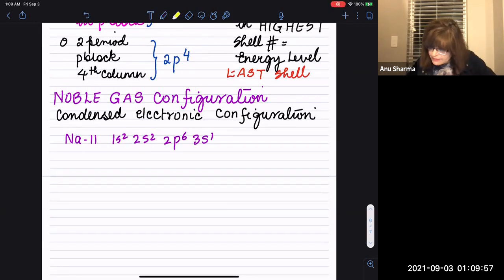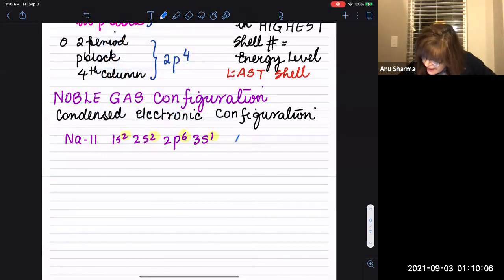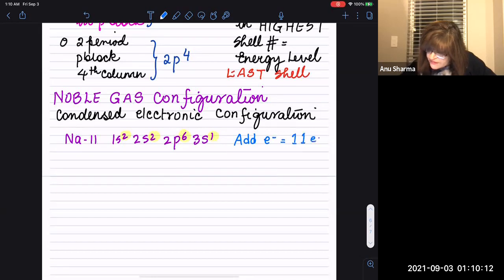When you add this up, 2 plus 2 is 4, plus 6 is 10, plus 1 is 11. So when you add these electrons, it comes out to be 11 electrons. That's another thing that tells you whether your configuration is correct.